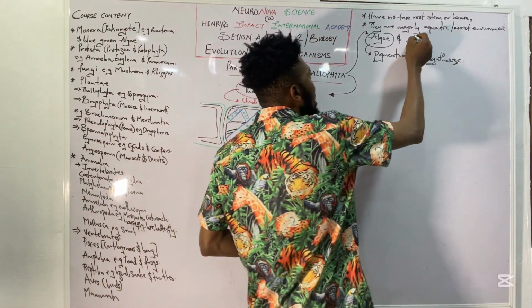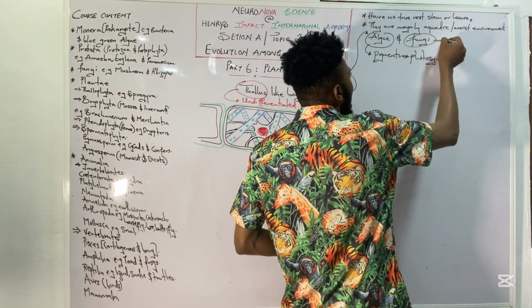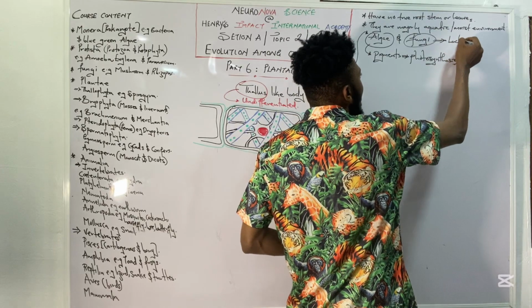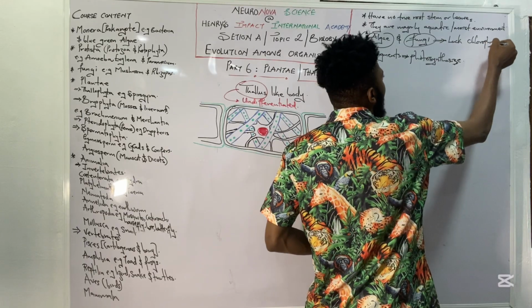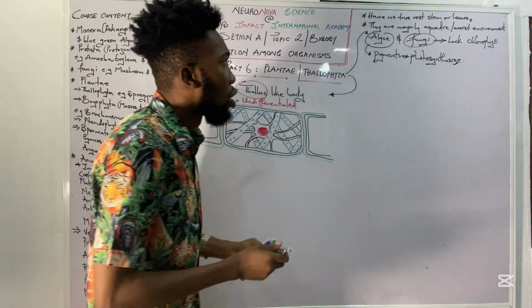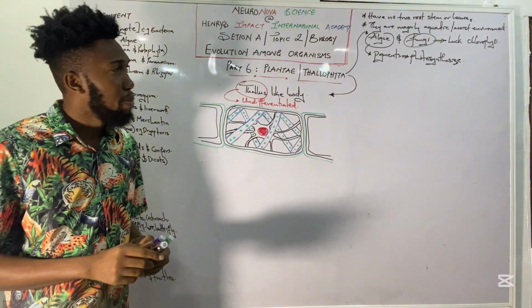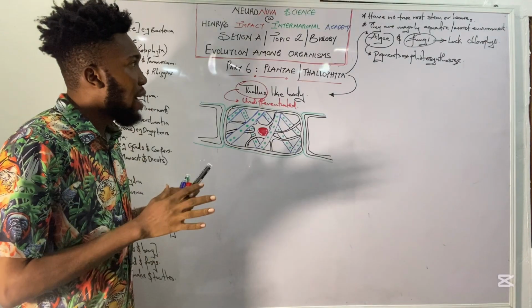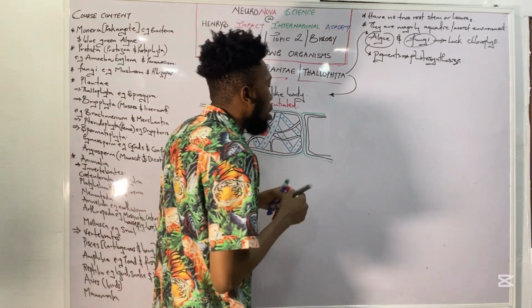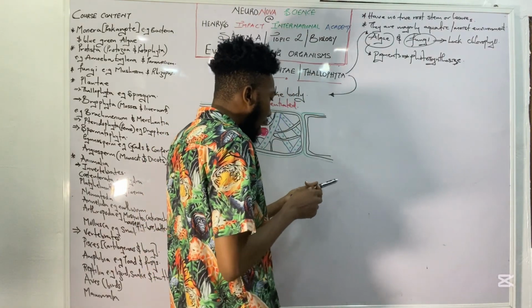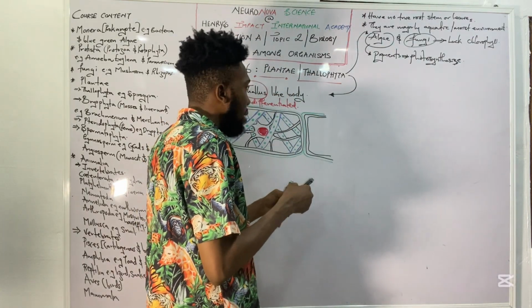But for the fungi divisions, they lack pigments. That's, they lack chlorophyll. So they don't have photosynthetic pigments. That's for the fungi part of it. So thallophytes are simply algae and fungi basically.